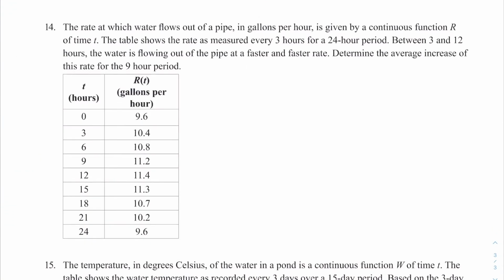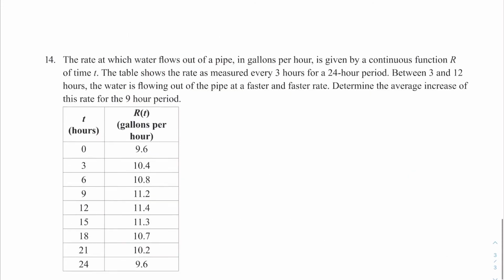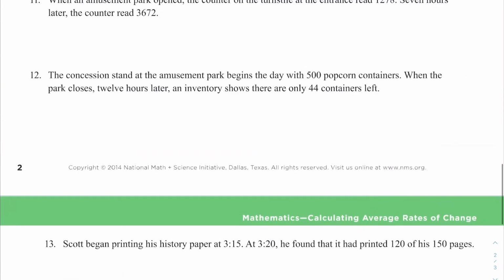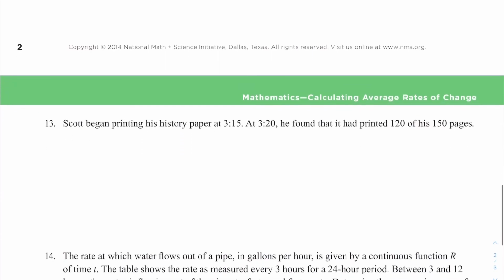I showed you how to do a table yesterday, so you should be able to do those. I guess I'll do this one about somebody typing a paper. The starting time. Okay, he's not typing it, he's printing it. He started printing at 3:15. So he started printing at 3:15. That's the time.